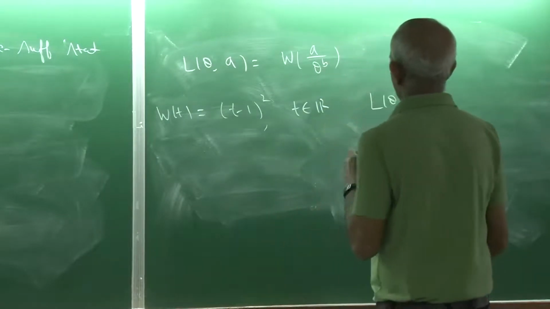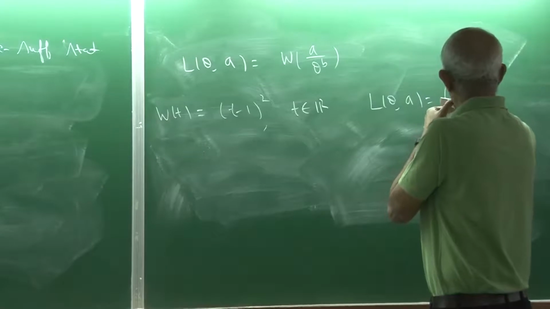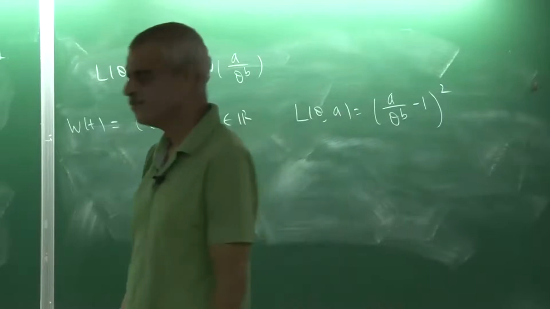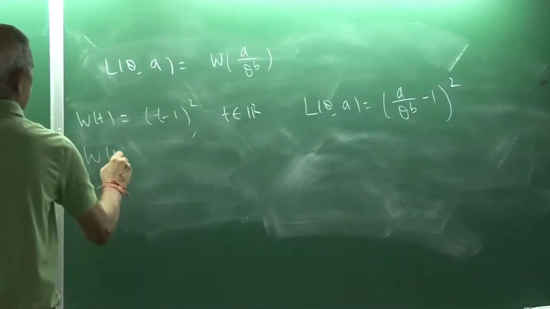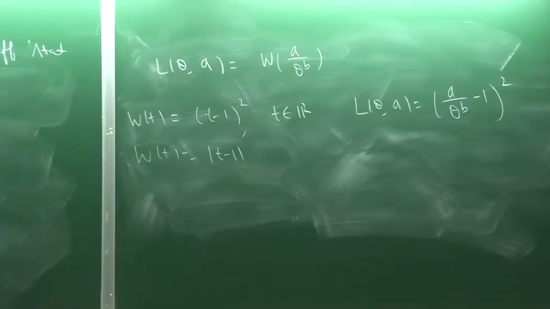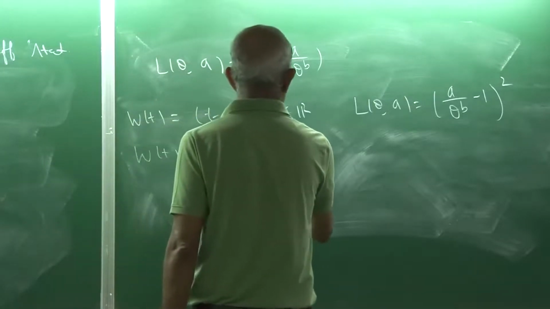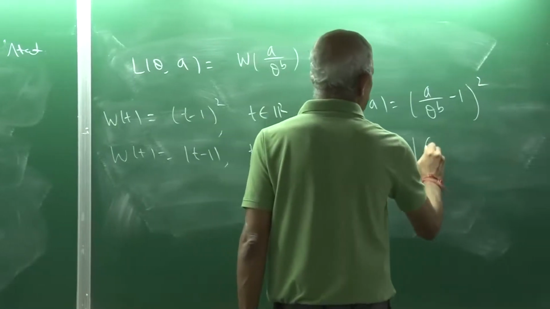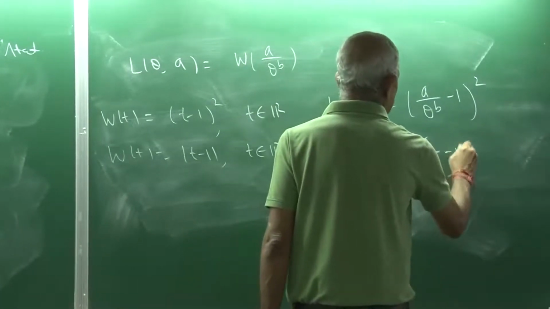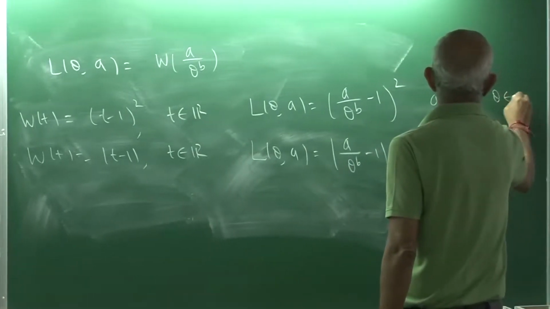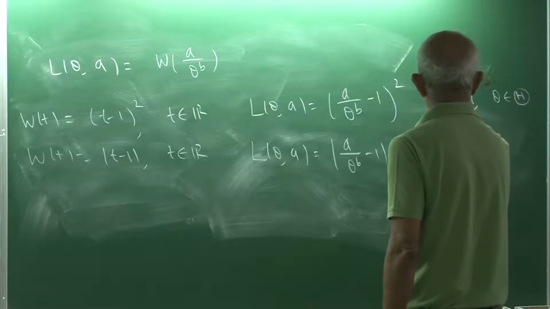So L theta A will turn out to be A by theta to the power B minus 1 whole square. One can consider W of T to be mod of T minus 1 also. In this case, L theta A will turn out to be mod of A by theta to the power B minus 1. A in the xn space, theta in the parameter space.